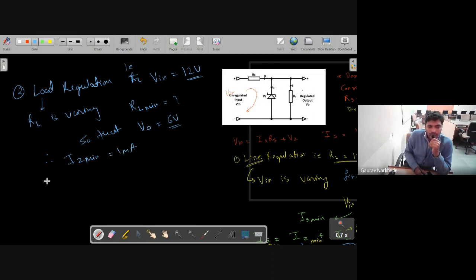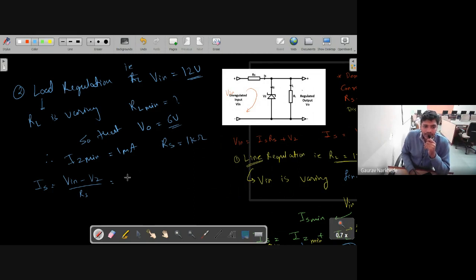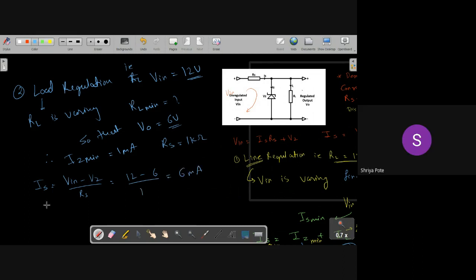Now can we calculate IS? RS is given as 1 kilo ohms. IS is Vin minus Vz divided by RS. Vin is 12 minus Vz, which is 6, divided by RS, which is 1. So it is 6 milliampere. IS has come.